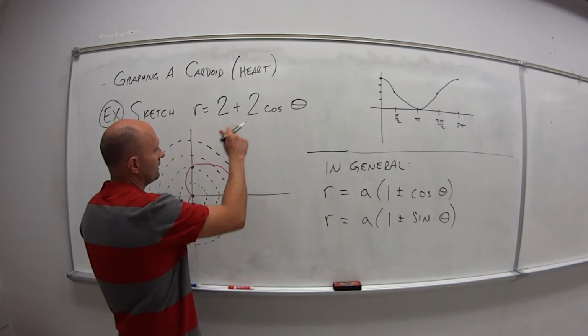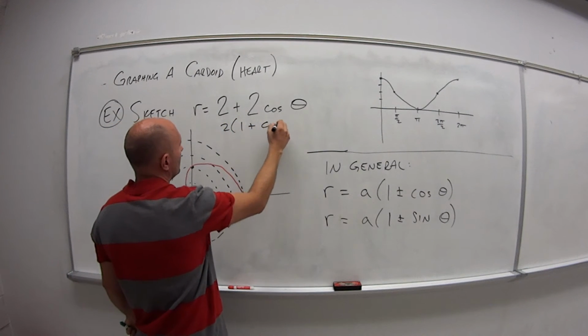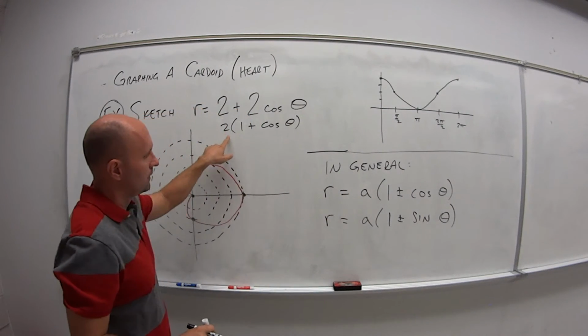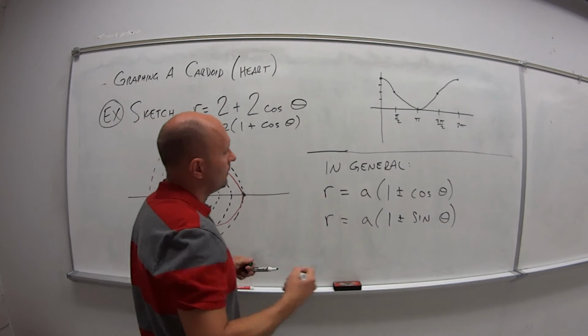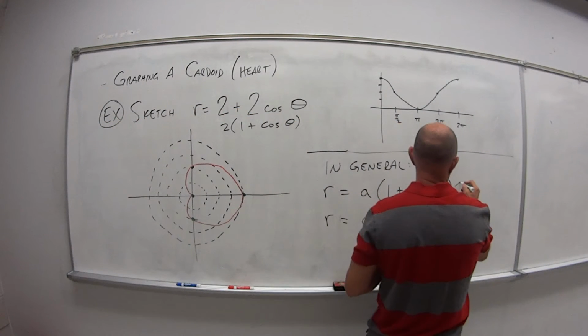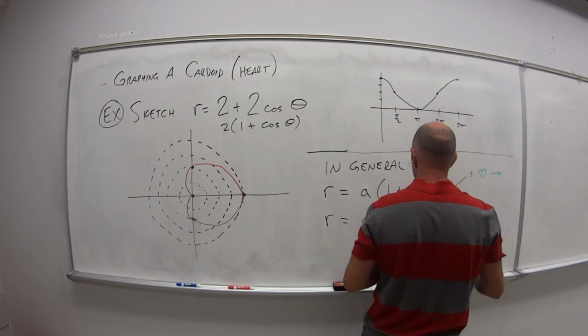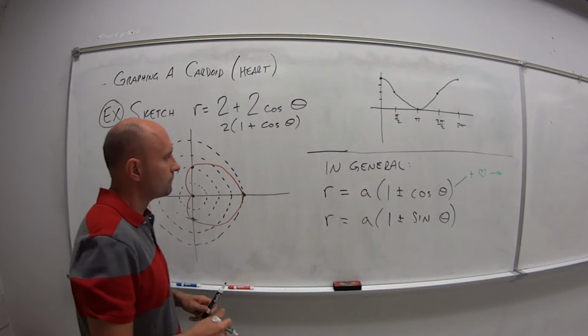If we wanted to rewrite this in terms of that, we basically have 2 times 1 plus cosine of theta. Our a is 2, with 1 plus cosine of theta inside. So for cosine of theta, when it's positive, it's a heart pointing to the right. That's what you can see here, pointing off to the right.